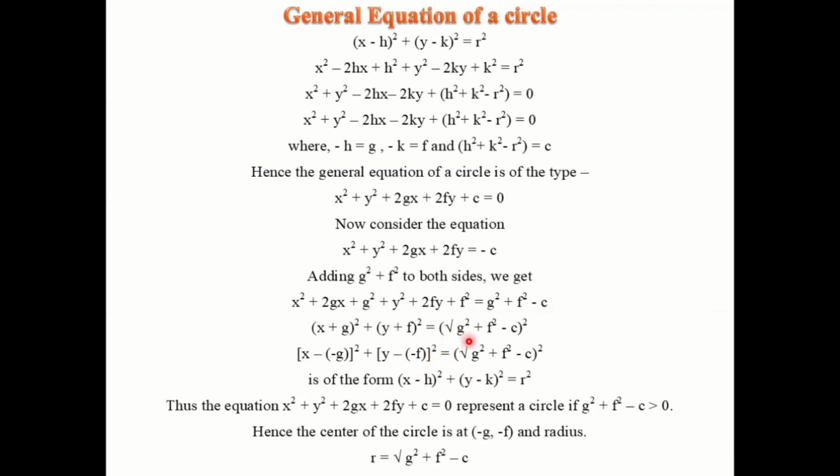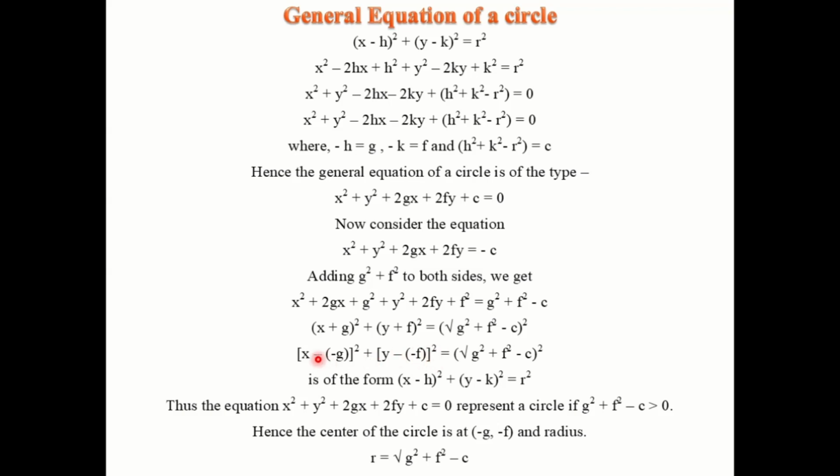(square root of g square plus f square minus c) squared. Again here all are squares. Now we know that previously we wrote minus h is equal to g and minus k is equal to f. Here we can write x plus g as x minus minus g, and y plus f as y minus minus f.